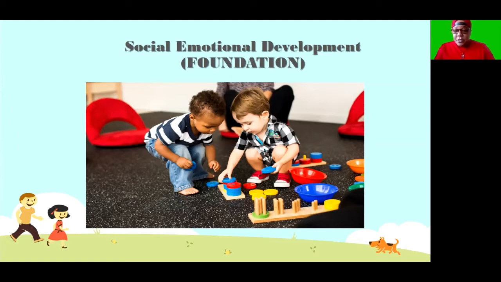If for some reason the child was adopted or the child is in an orphanage, regardless of who the person is, that initial person that the child has continuous exposure to is going to play the most critical part in developing that child's social emotional skills.